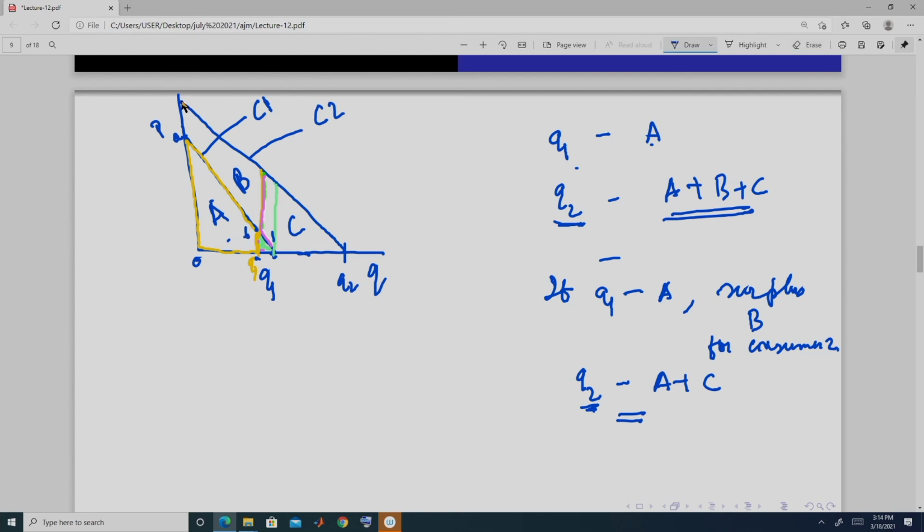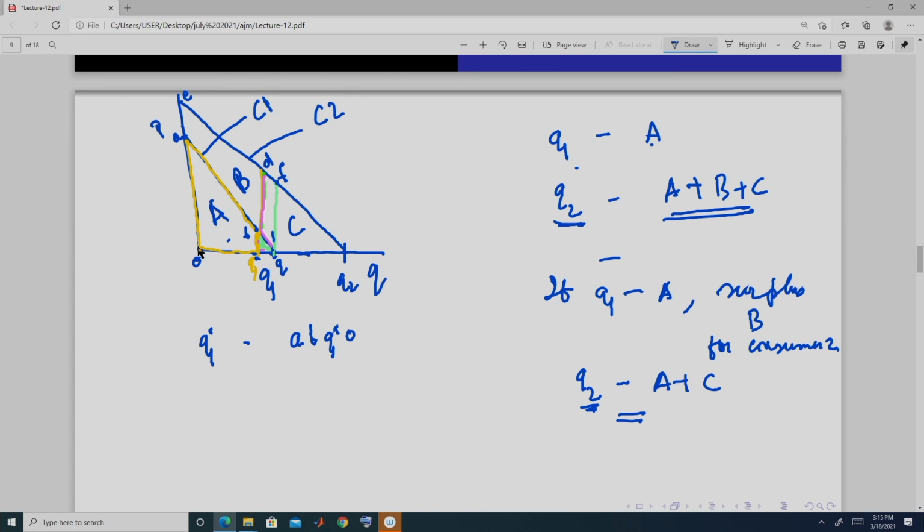This amount is suppose small c, this is D, this is B, this is Q, and this is suppose E. E I have already given. This is suppose F. So, then for Q1, which is now Q1 star, the amount they have to pay is given by the region A, B, Q1 star and O, this region.